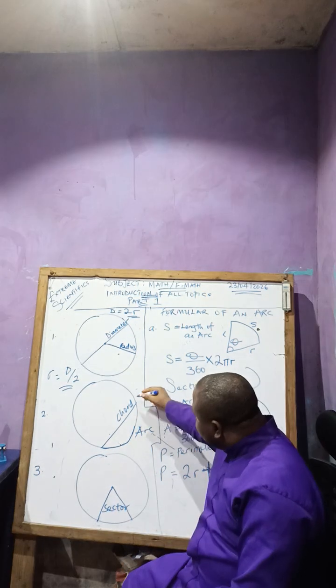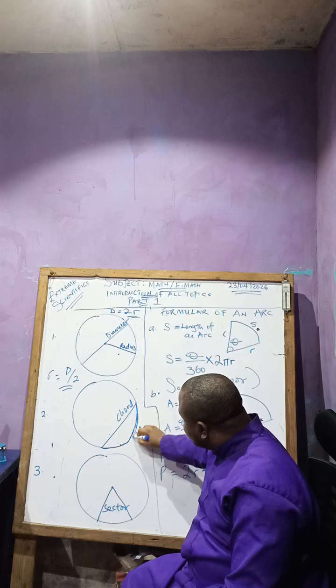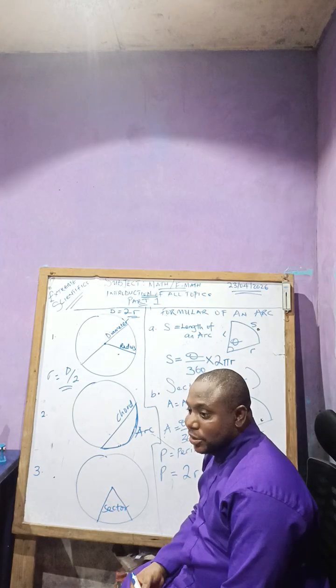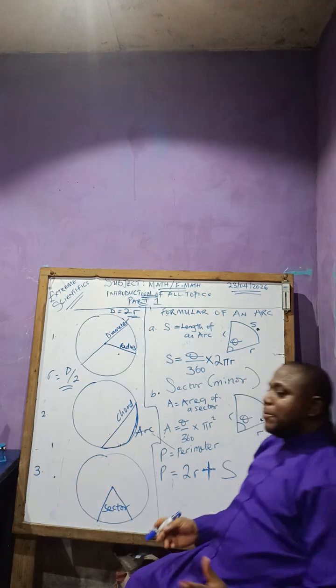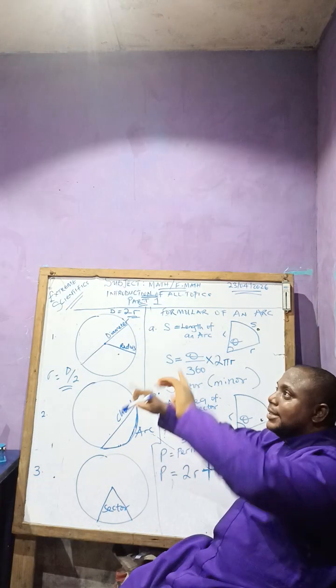Chord. Now this line of the circle that passes like this, from here to here, is called the arc. For example, you see some buildings, they draw this arc like this.